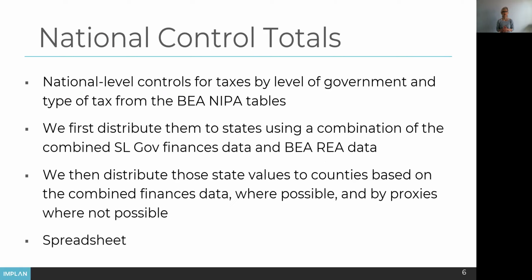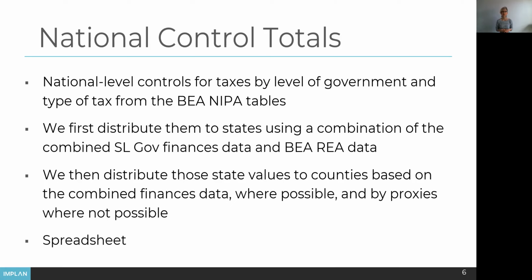So then we have national control totals for all these things, for state government, local government, and federal government. And in IMPLAN, everything is balanced geographically. So all of the states' values get adjusted to sum up to the national values. And then after we get the states to have good values, we make sure all the counties in a state have their values sum up to the state value that has already been controlled to national.